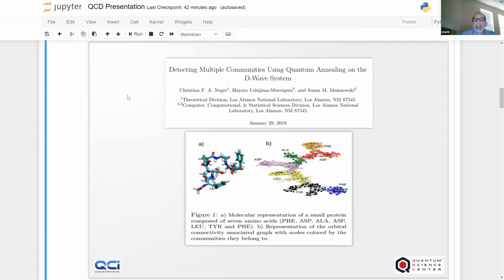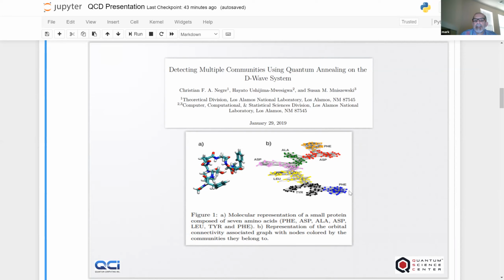An example they present, which may be more interesting to you guys who are viewing this presentation, is analyzing a small protein, looking at the interactions between the electrons orbiting around each atom. Each dot here represents an atom, and the community detection identifies each community, which turns out to be an amino acid.